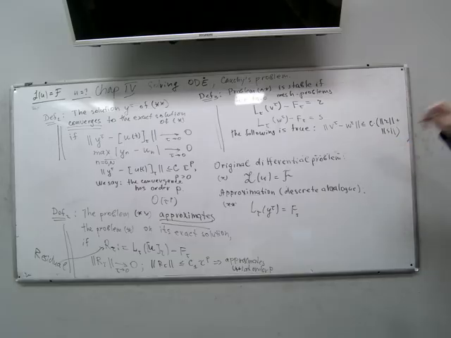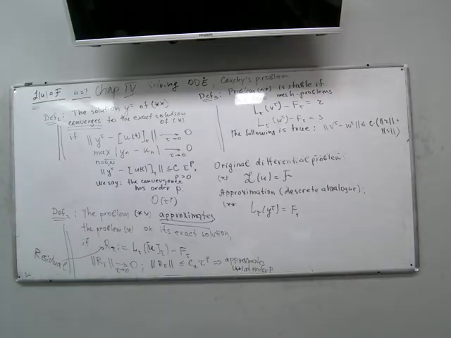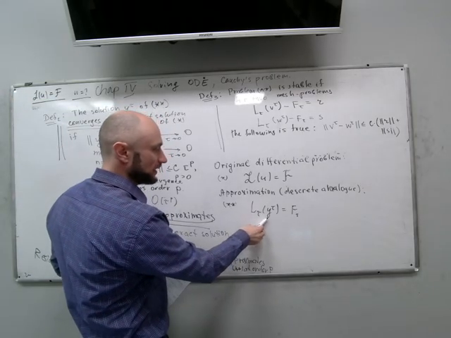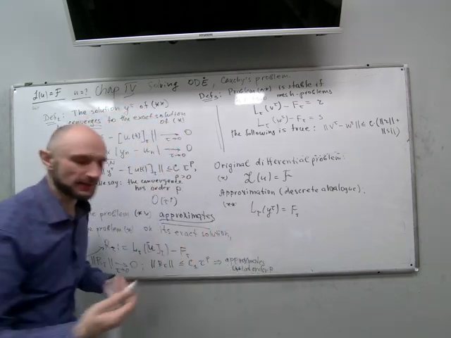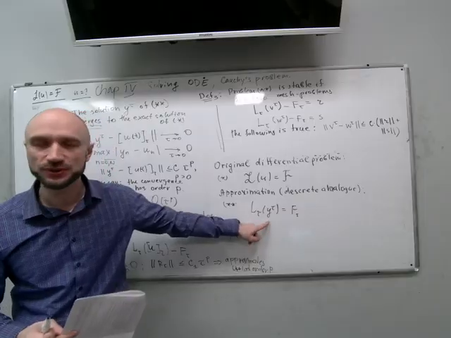So how to interpret it? Suppose y tau is the exact solution of 2 star, the exact solution of the approximate problem.